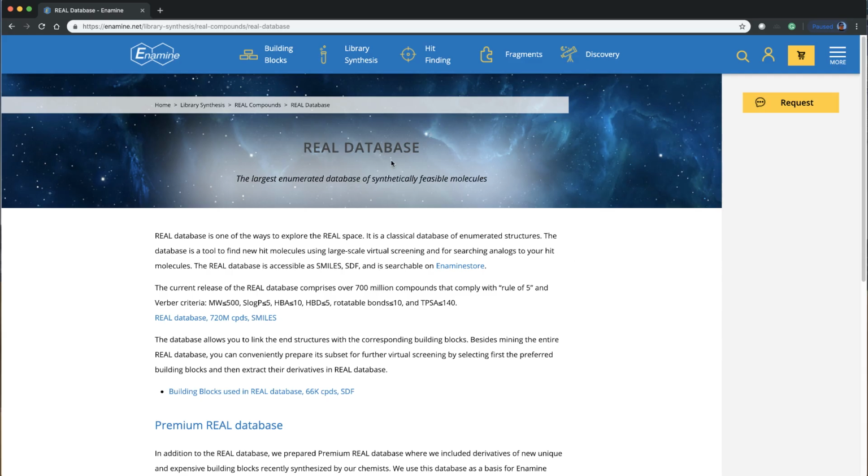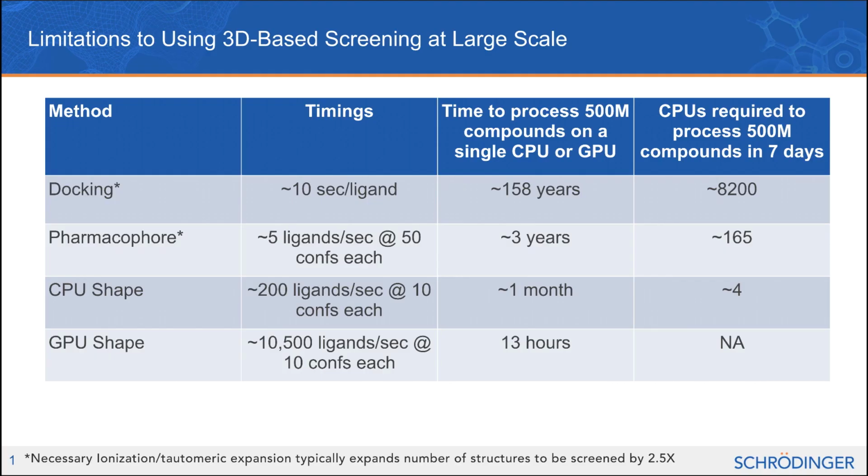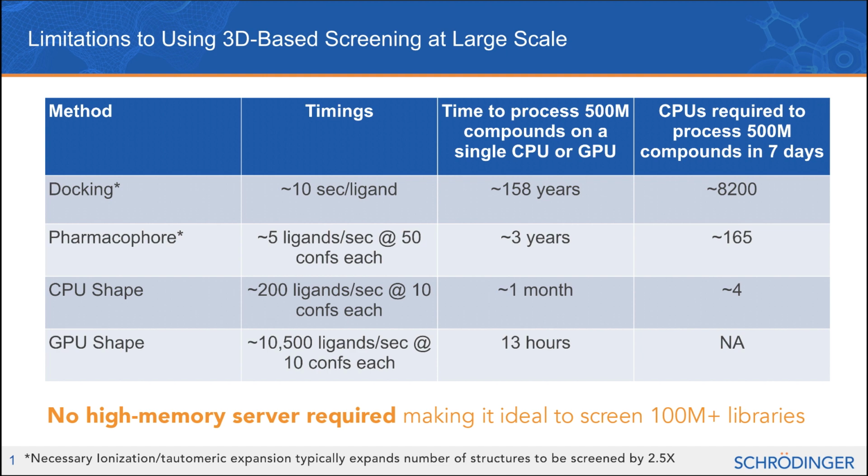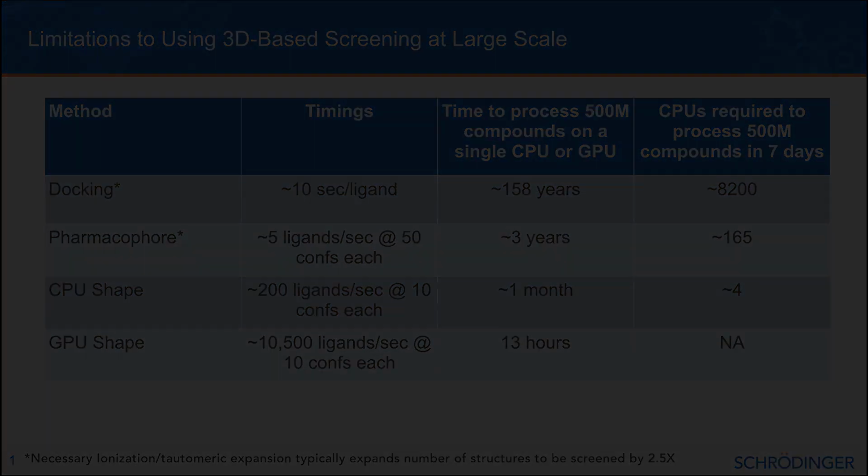Take, for example, Enamine's REAL database of 720 million compounds pre-filtered. While efficiently screening such enormous libraries using traditional screening methods on a CPU could take years or require vast numbers of compute resources, GPU shape screening can perform such screens in less than 24 hours, all on a single GPU. Also worth noting is that unlike other GPU-based screening methods, Schrödinger's GPU shape does not require expensive high-memory servers.